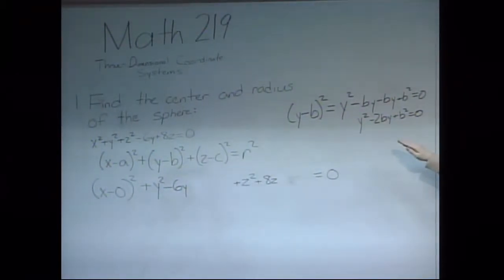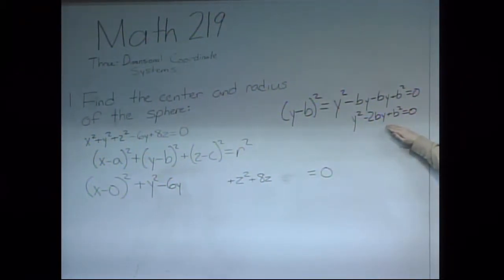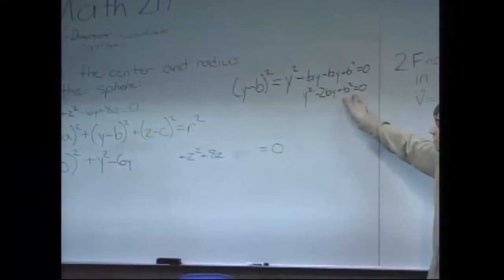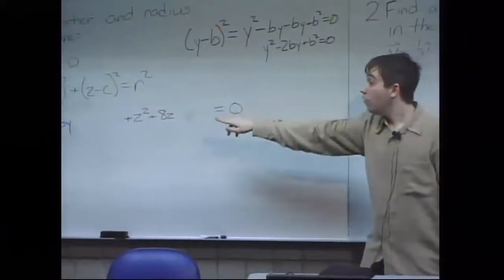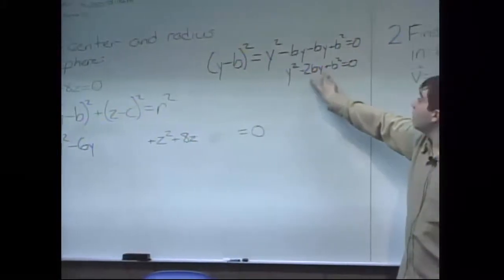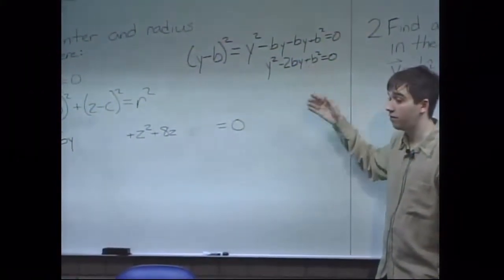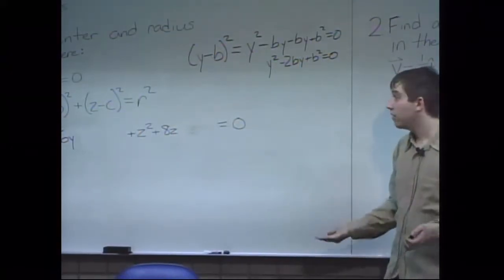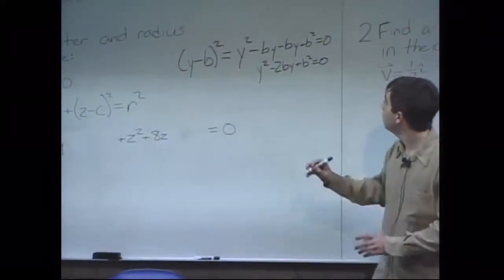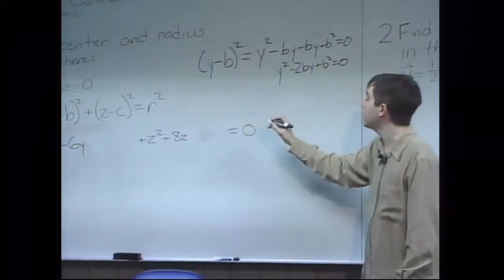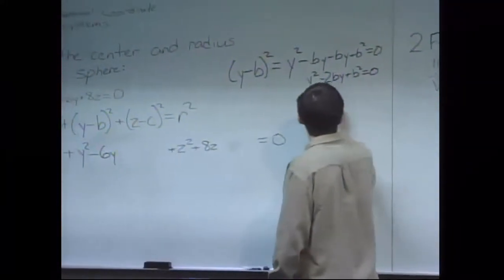So if we want to complete the square, we need to have this extra plus b squared term in there. So this minus 6y term is our minus 2by term, and then we need to add in this plus b squared somehow. The question is, how can we do this? Well, let's go ahead and figure out what b is equal to. It's pretty straightforward.